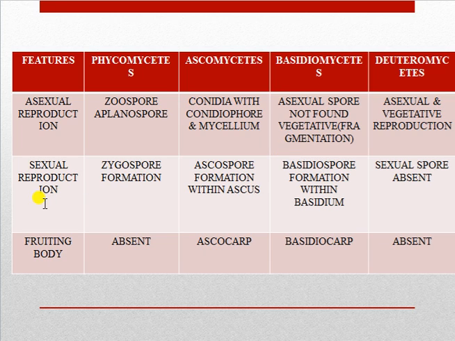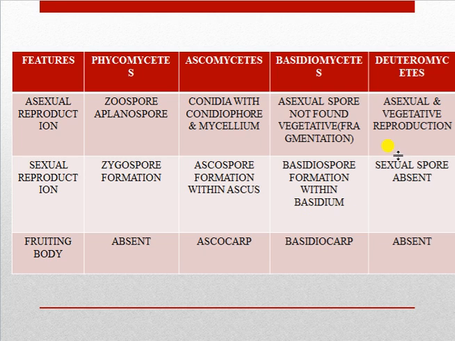If you move to the sexual mode of reproduction, Phycomycetes form zygospores by plasmogamy and karyogamy, which we already discussed in the previous slide. In Ascomycetes, ascospores function as the sexual structure, and they form within the ascus, which we already studied. Basidiomycetes form basidiospores, which are also formed on the club-like structure, the basidium, that is a fruiting body also.